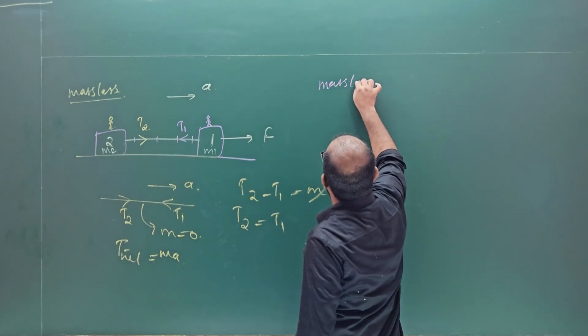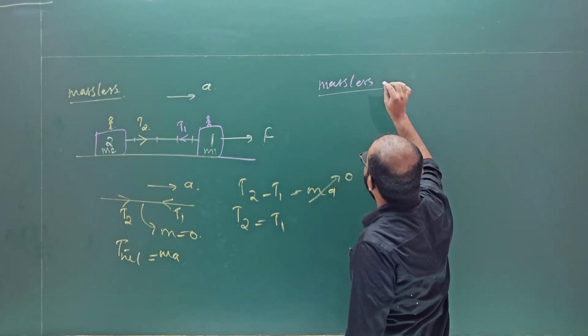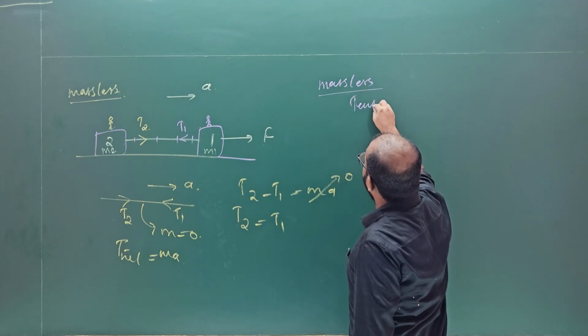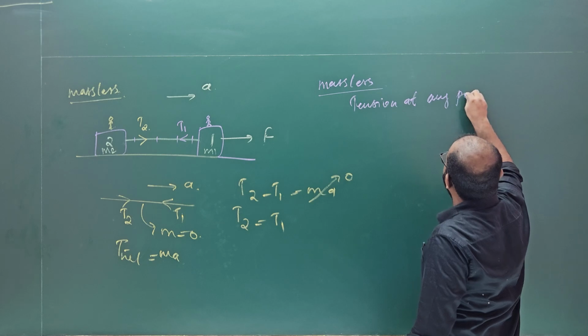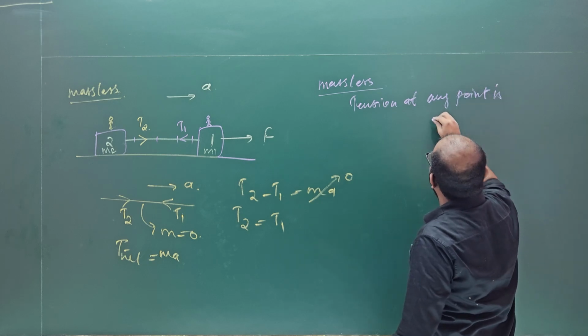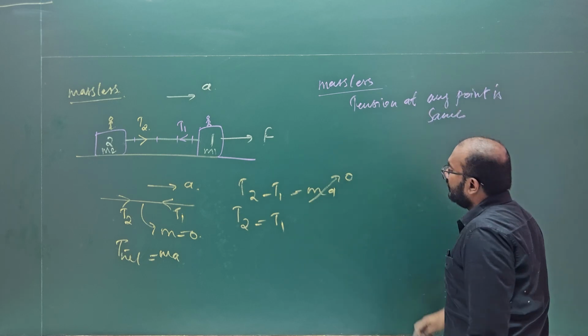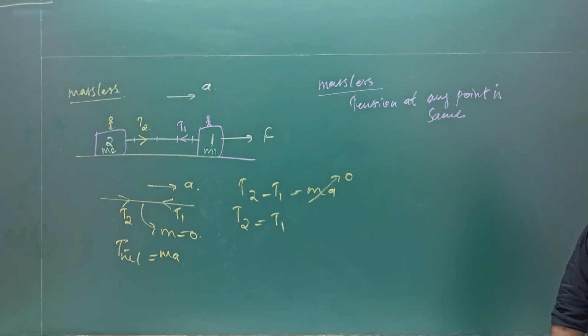So in a massless string, tension at any point is the same.